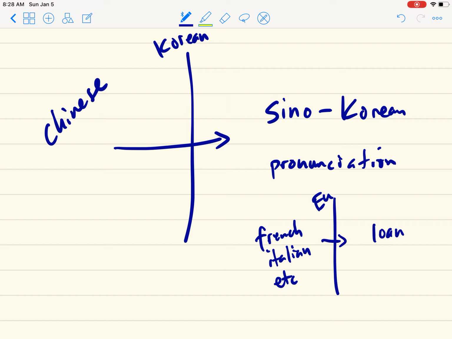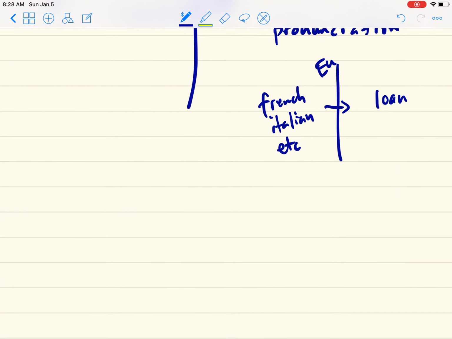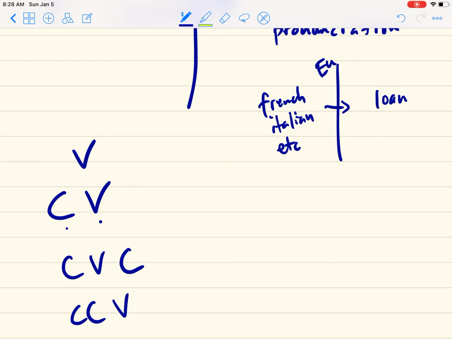And so what's interesting is that in Chinese you have consonant vowel, and then you have consonant vowel consonant. And then in Middle Chinese, you didn't really have consonant clusters, although Old Chinese probably did have that.